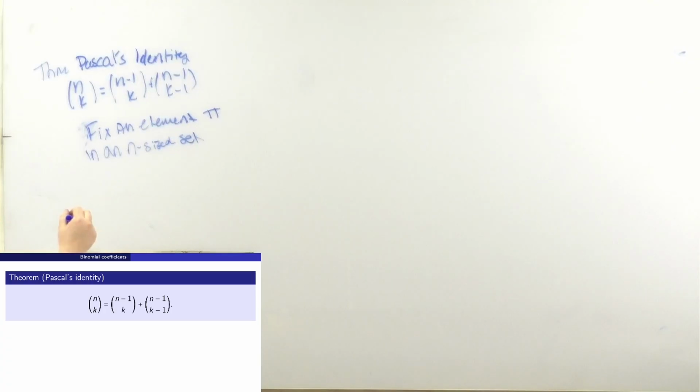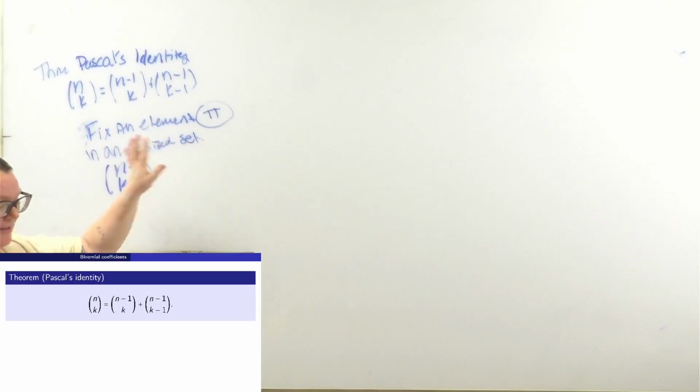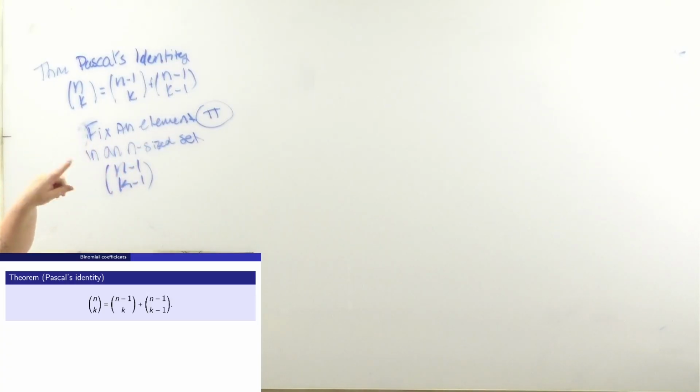So then we want to find the number of sets of size k containing our element pi. And that's going to get us to here. Okay. And because we already picked one, we have n minus 1 sized sets containing k minus 1 elements.